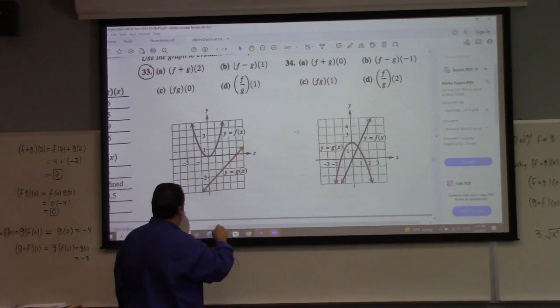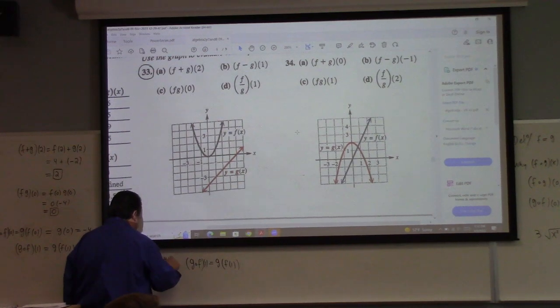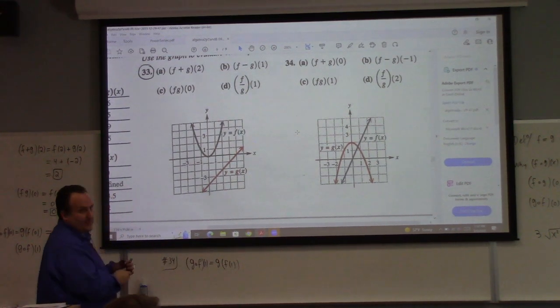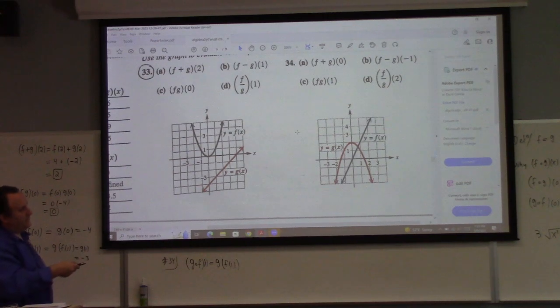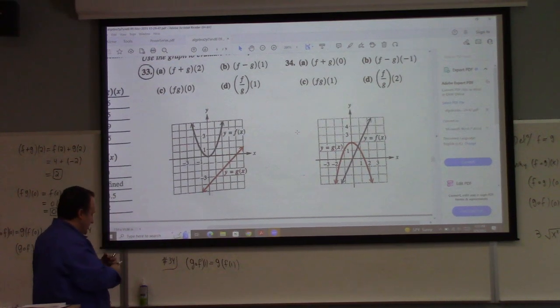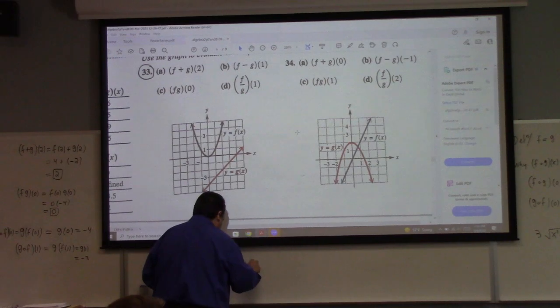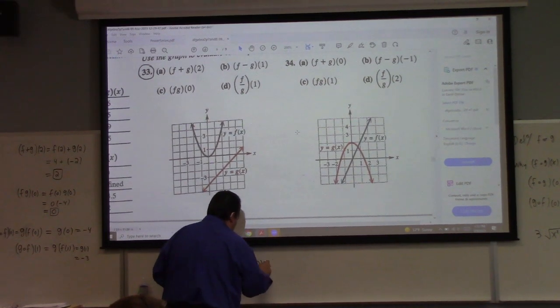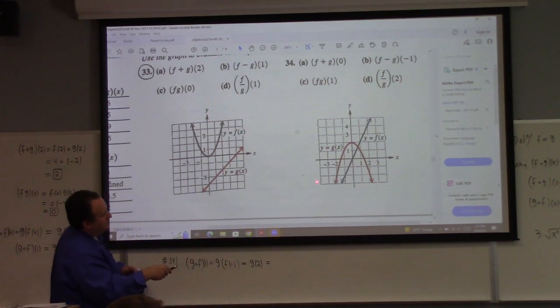I want to do number 34. So look at number 34. Let's see. What is f of 1? Here's f, right? F of 1 is 2, right there. F of 1 is 2. So what is g of 2? Yeah, -2, right.